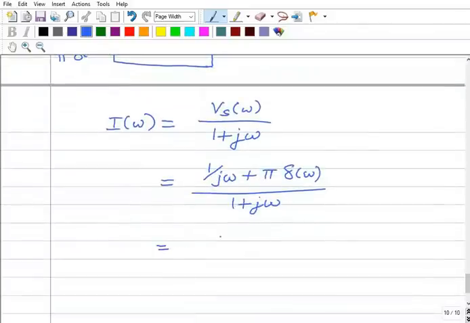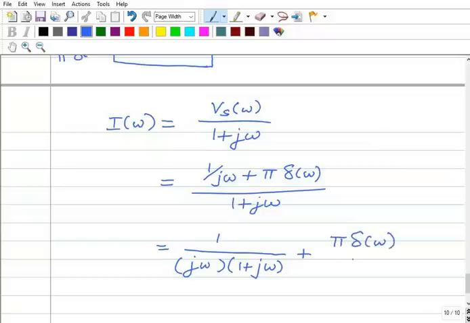This you can simplify. Let me write this in two terms. First term: 1 over j omega into 1 plus j omega. Second term: pi into delta omega divided by 1 plus j omega.